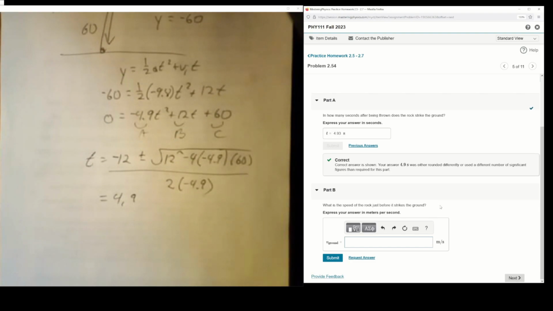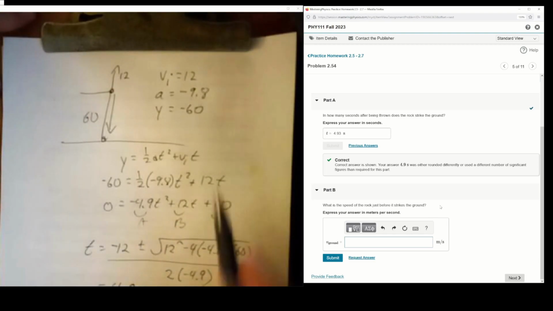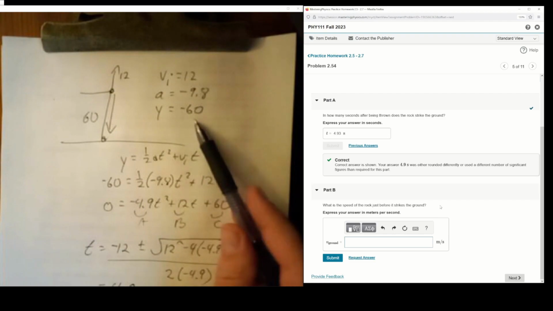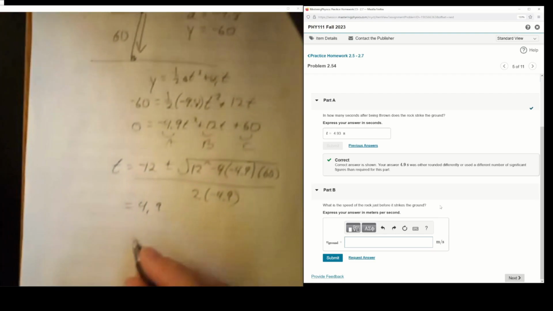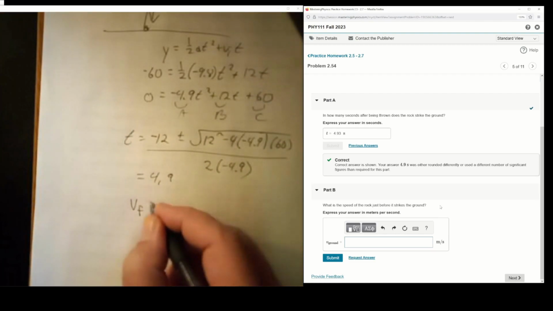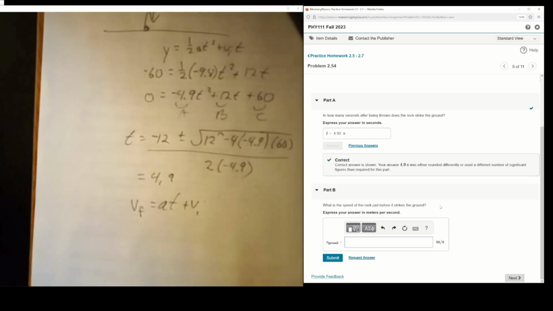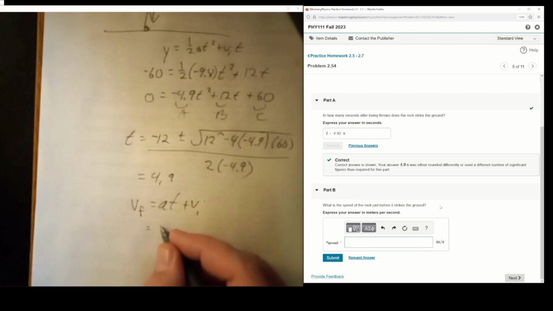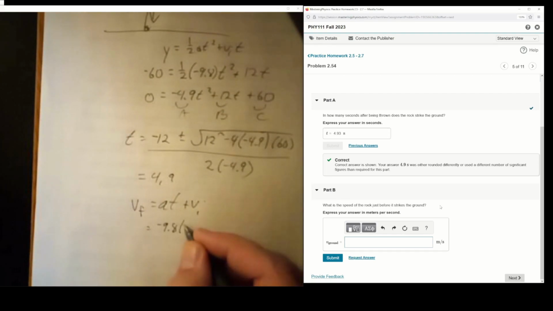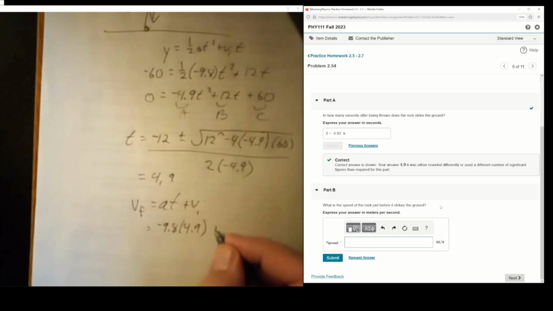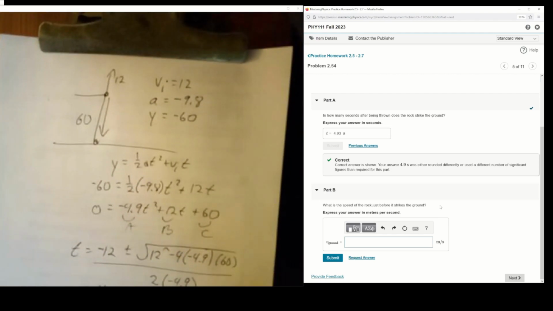And part B, what is the speed just as it hits the ground? So now we got time. We still have all this other information. And the easy one here to use is the linear equation here. And our initial was 12.